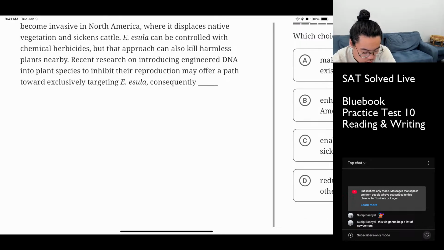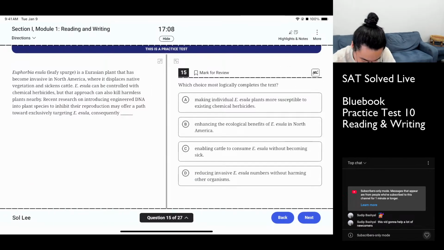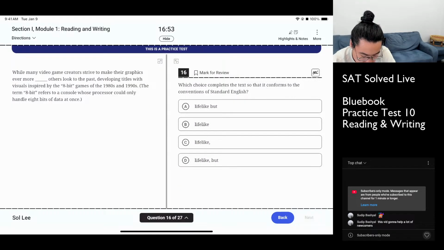So we're trying to do DNA engineering, focusing only on E. esula, and therefore we would not harm the nearby plants while being able to help our vegetation and cattle. So we're trying to not harm the nearby plants. Yes, that is D. We're going to review. Yes, we're going to attack E. esula without harming the nearby plants. Just double checking ABC, but that is correct.